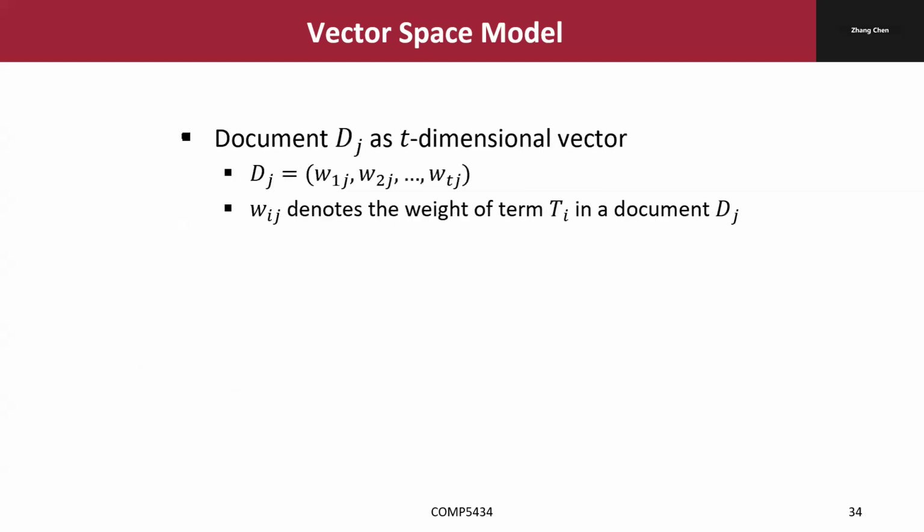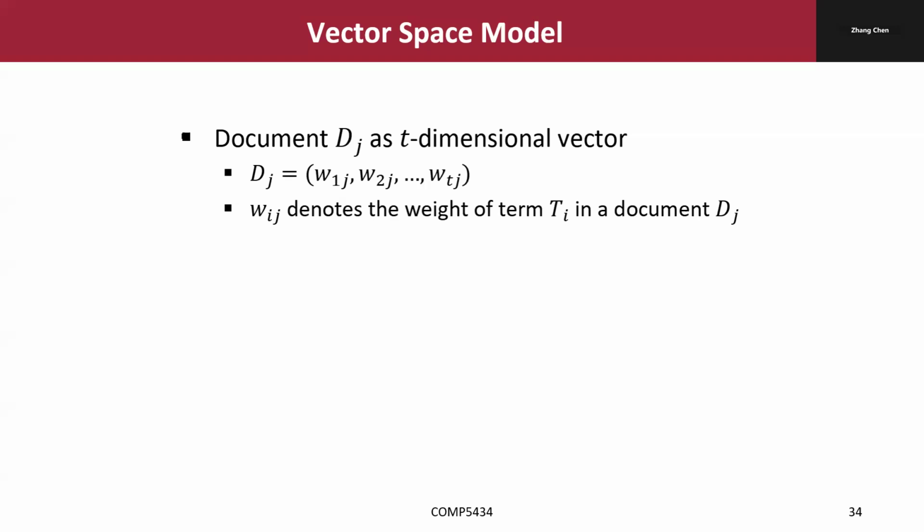Think about general documents: T is our dictionary, all the words we are supposed to know to describe the world, which we can find in a dictionary. That number of words defines how many dimensions we have for the vector space model. And the key idea here is actually quite intuitive.